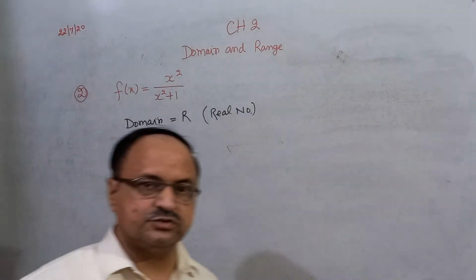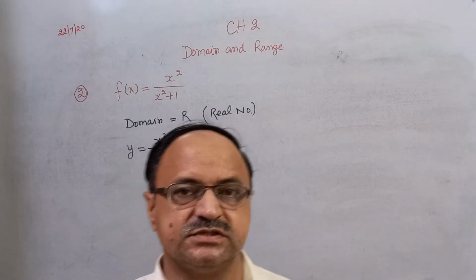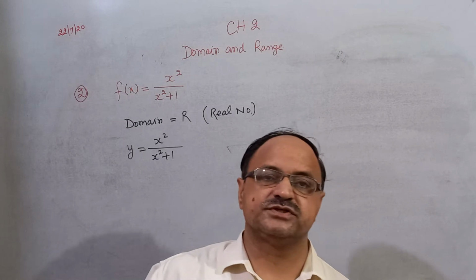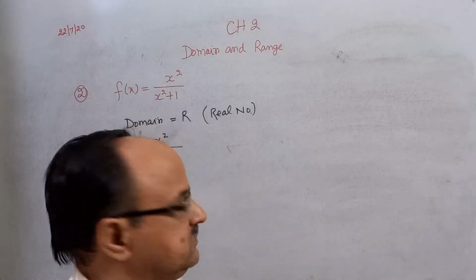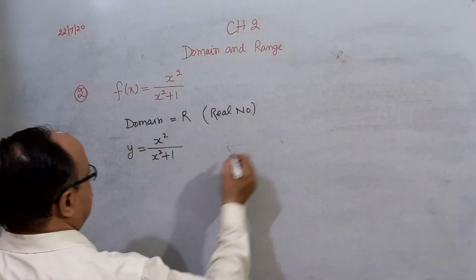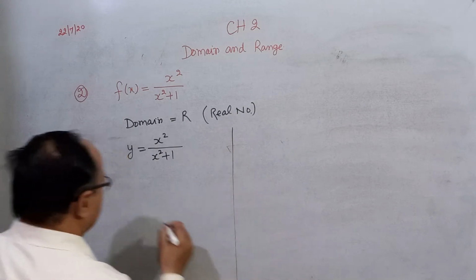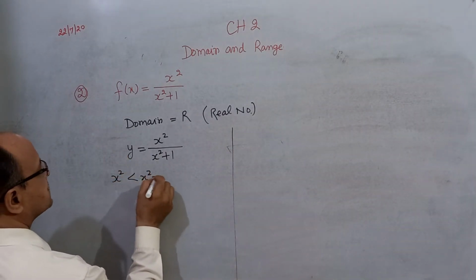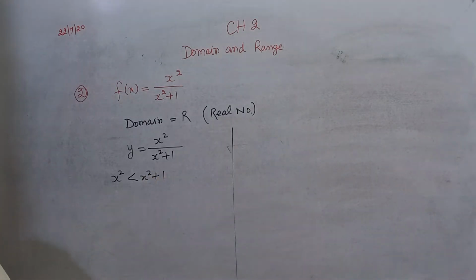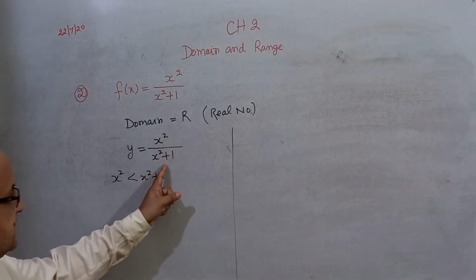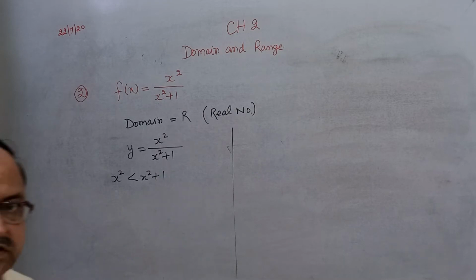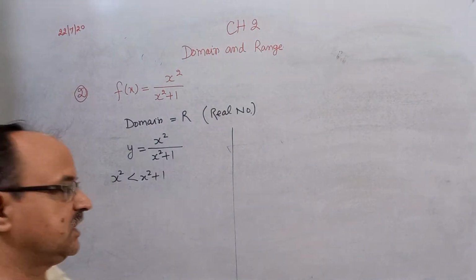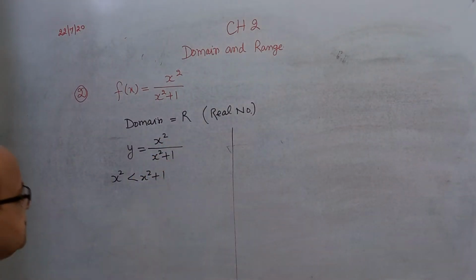There are 2-3 methods of solving these questions. I solve this question with the help of 2 methods. You know that x square is less than x square plus 1. Numerator is always less than the denominator.